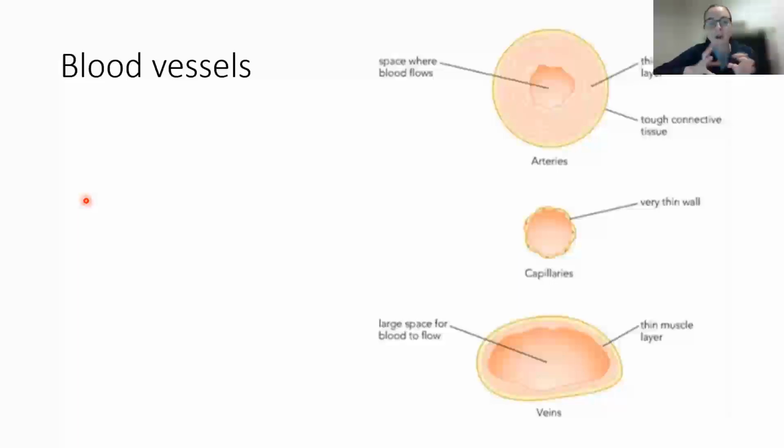We'll talk a little bit more about arteries and the different layers a little bit later. We're just talking in general at the moment. Miss, what did you say the thick muscular layer allows the lumen to do? So it allows it to narrow and widen. Thank you. So narrow means decrease in volume, increase in pressure. Widen means increase in volume, decrease in pressure. So it helps maintain your blood pressure within your body.